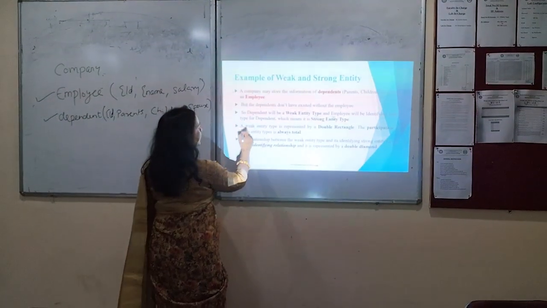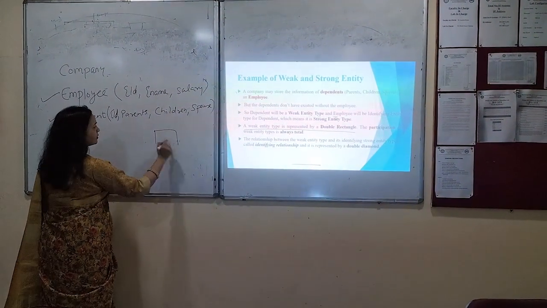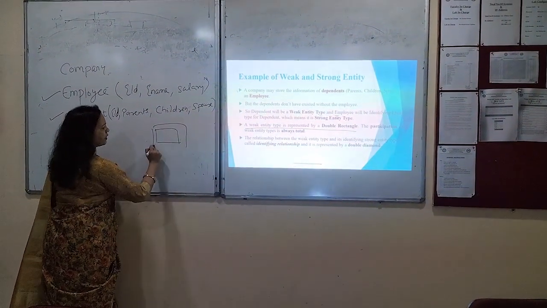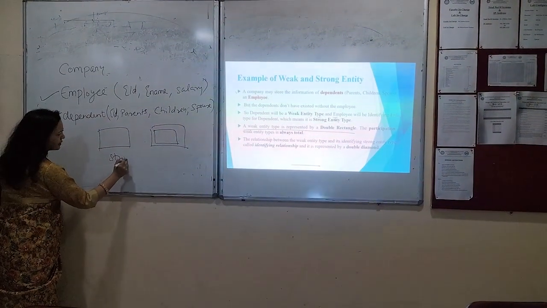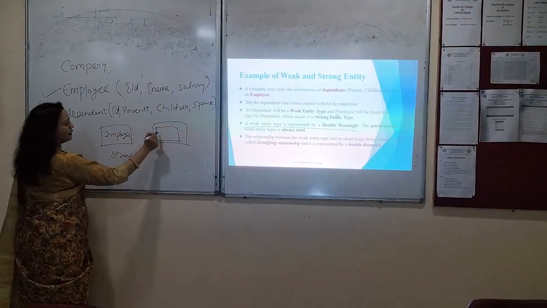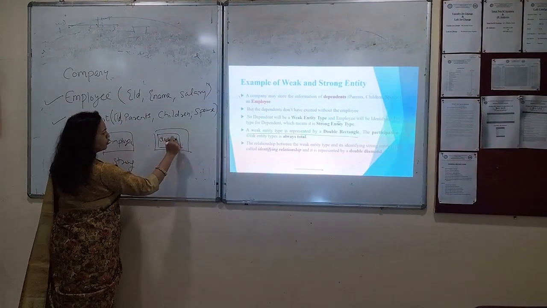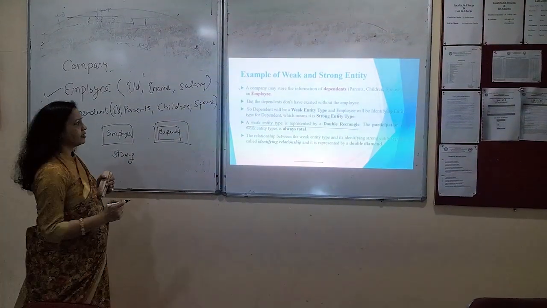So, one more thing. A weak entity is represented by a double rectangle, so we have to represent it like this, right? And this is the symbol for a strong entity. The strong entity will be represented like this, that is employee here, and here this is dependent, so it will be represented by double rectangles, right?